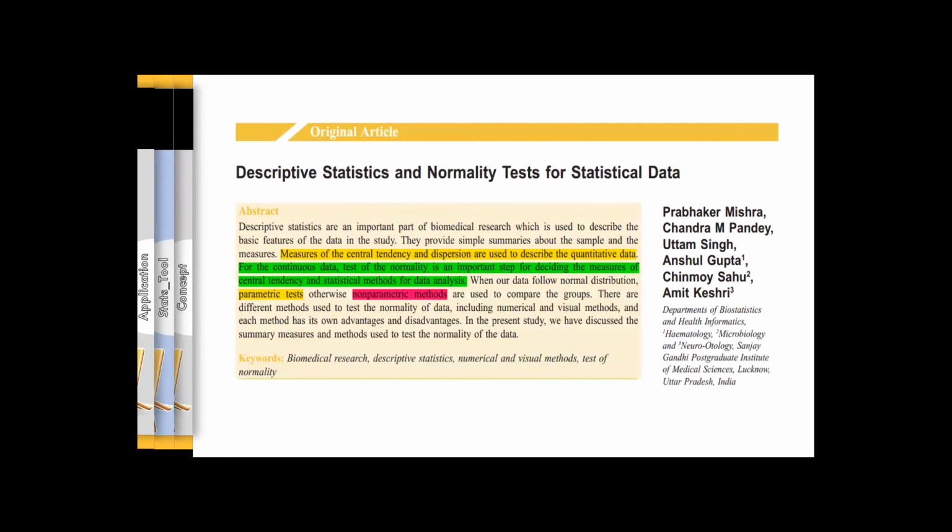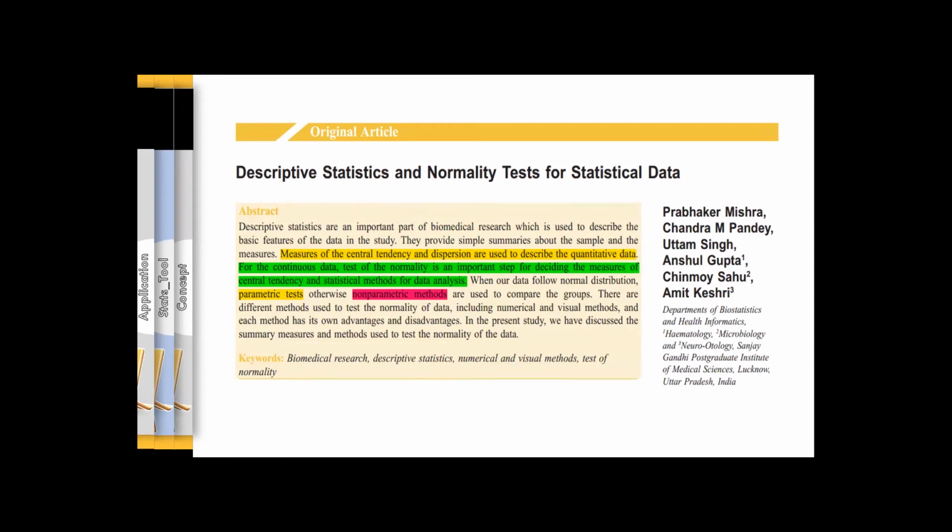Continuous data sets are forms of quantitative data. As such, measures of central tendency and dispersion are used in their description. It is therefore not without significance that the test of normality is an important step for deciding the measures of central tendency and statistical method for subsequent data analysis.